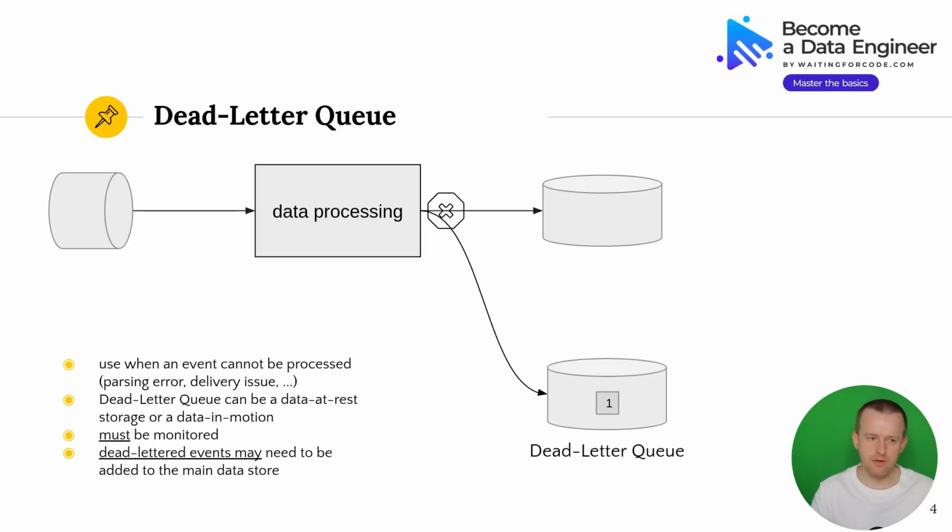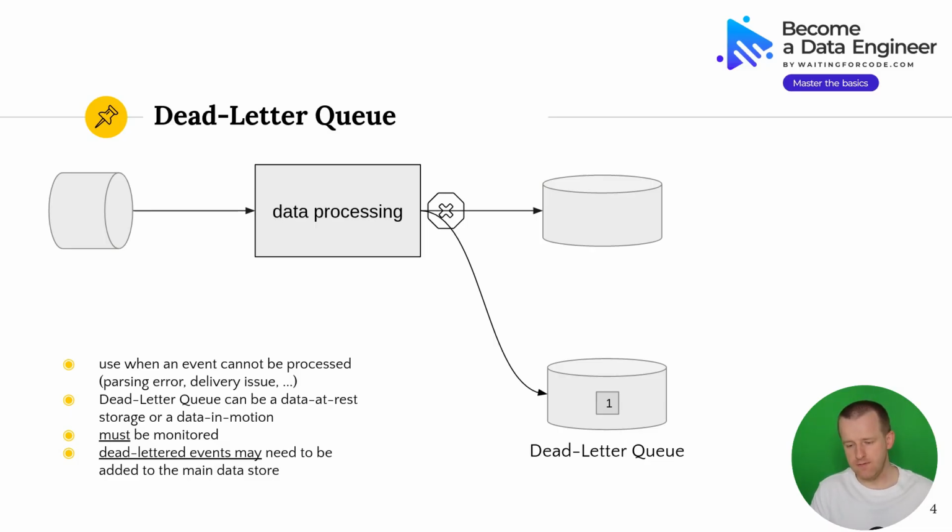You need to monitor, and if you can also alert yourself on that dead letter queue, to know the volume of data that cannot be processed, because if suddenly it increases by 10x, it means that something is really wrong with your pipeline or with your producers. So it gives you extra knowledge on that.